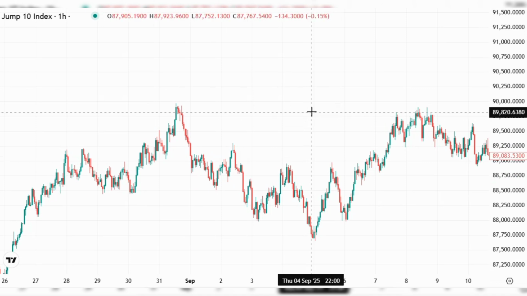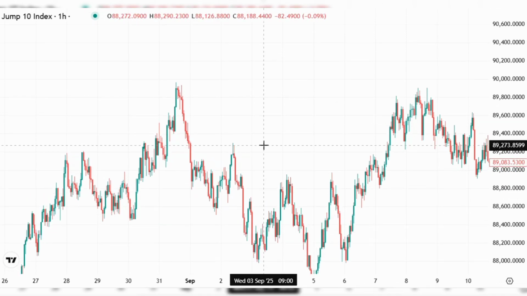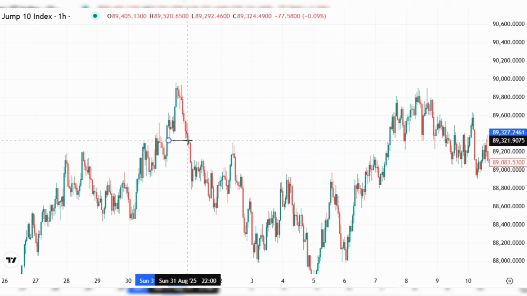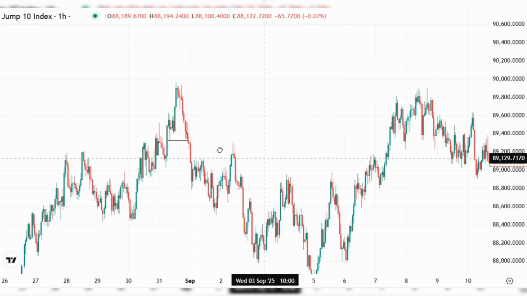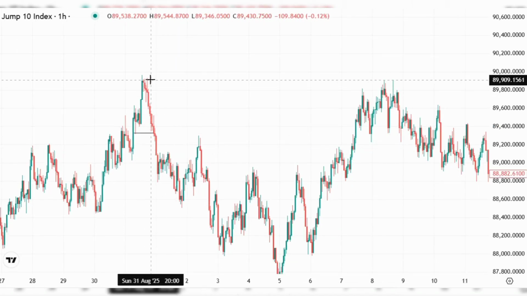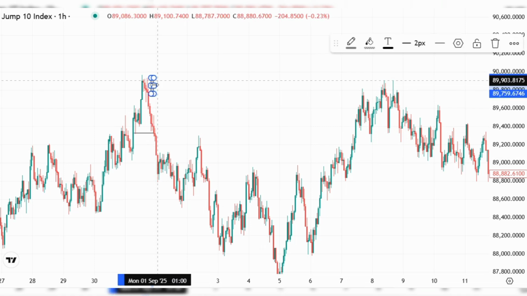Okay, now if you look here, this is the bearish order block. What we saw here was a shift, a break of structure right here. Then where's our order block? Right here. This was the last candle before this huge bearish movement. Some of you may say, oh, this is a bearish candle.